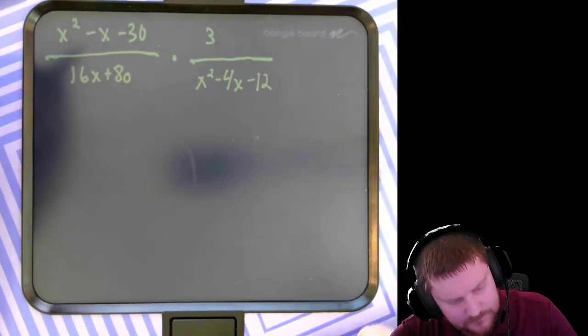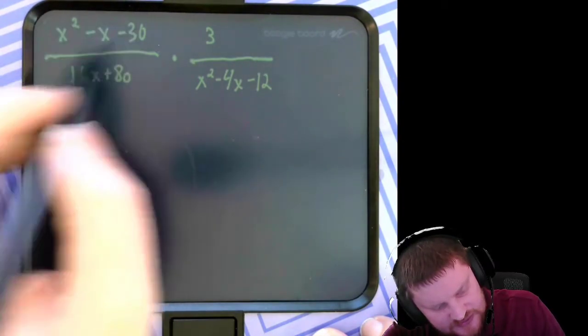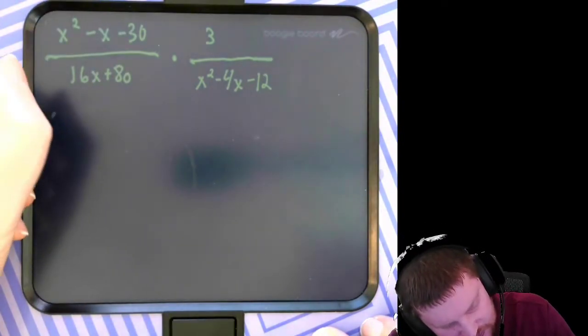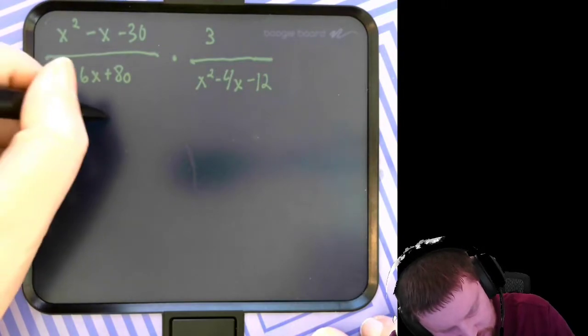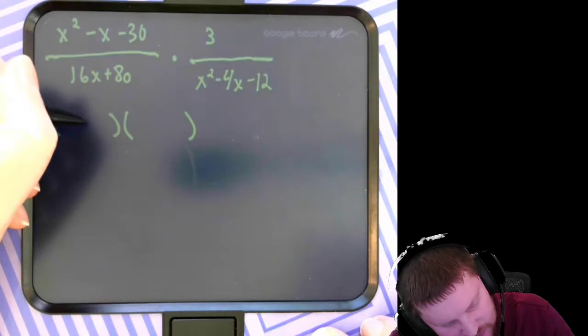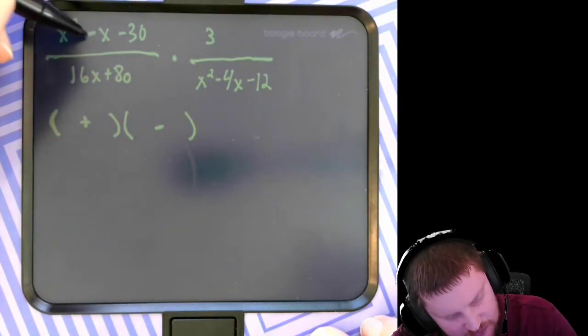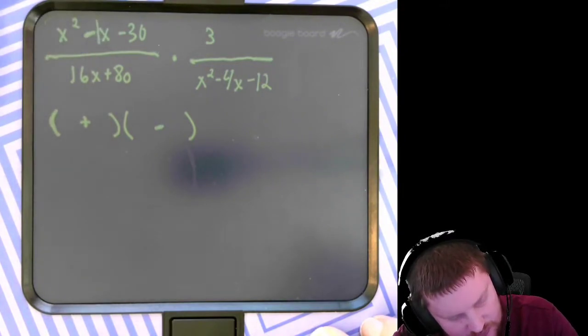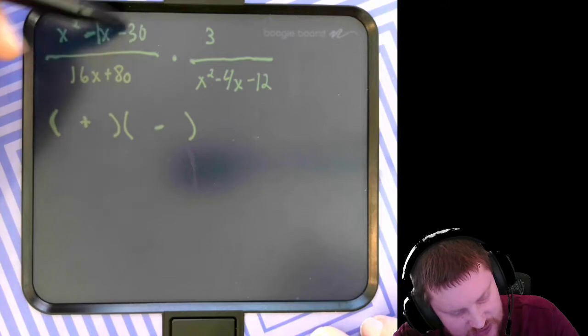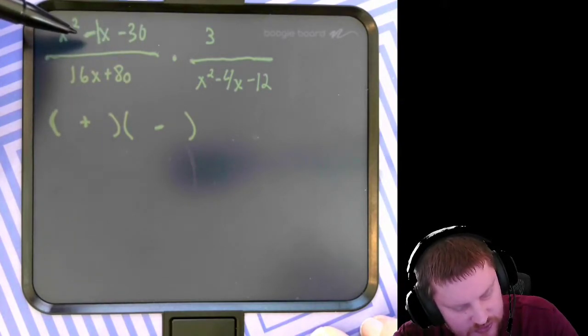Alright, so once again we're going to start by factoring everything. This is a trinomial, so it's going to factor into 2 binomials. Minus at the end means we're going to have 1 plus and 1 minus. Minus here means that the bigger number is going to be minus, and this is a negative 1. So I need to find factors of negative 30 that are 1 apart from each other.